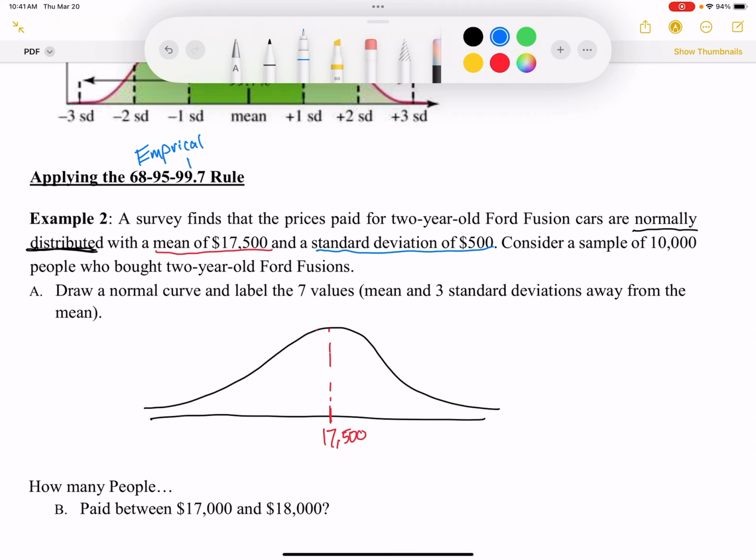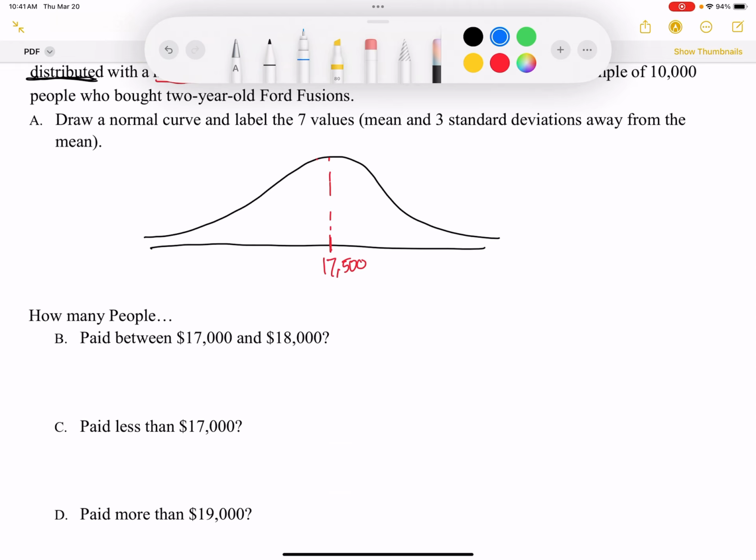99.7 rule, same thing as the empirical rule, I should go 1, 2, 3 standard deviations above and 1, 2, 3 standard deviations below. Matter of fact, I'm going to space it out a little bit more. So 1, 2, 3 above and 1, 2, 3 below.